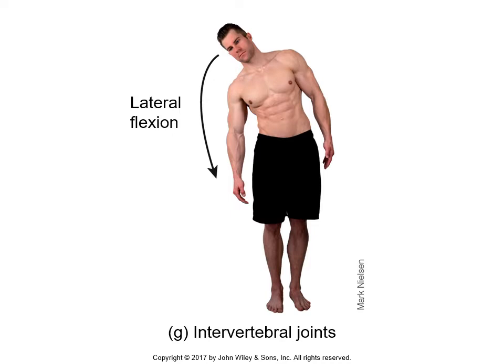That's something called lateral flexion. If you simply bent forward along the sagittal plane, that's merely flexion. Remember, when you do it side to side like this, you can see he's bending to his right. That's lateral flexion.